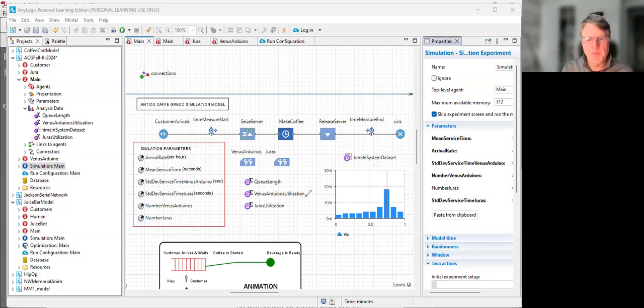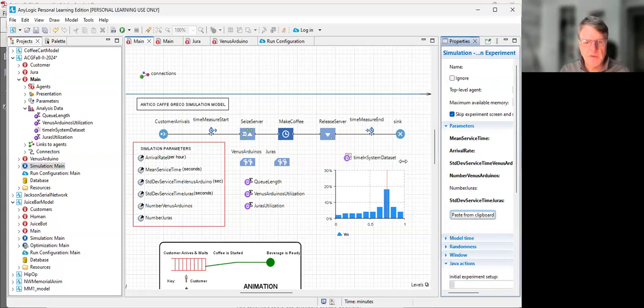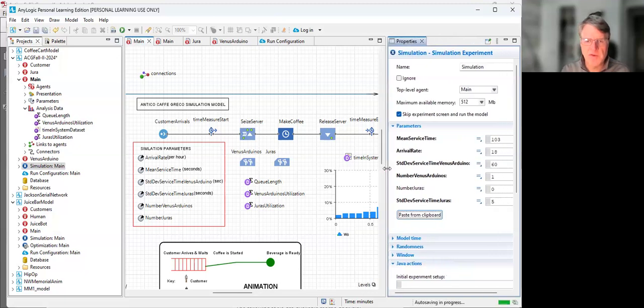So let's see if we can change this up a little bit and get some analysis so we can figure out what advanced barista training would look like. All that changes is it takes our standard deviation down.